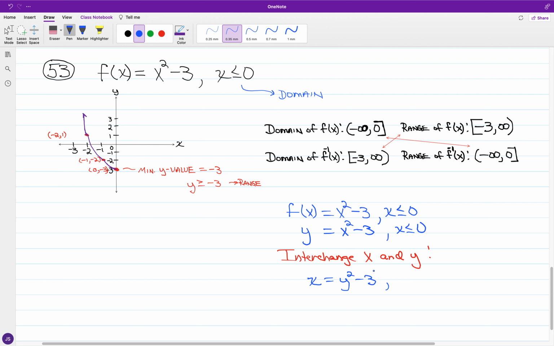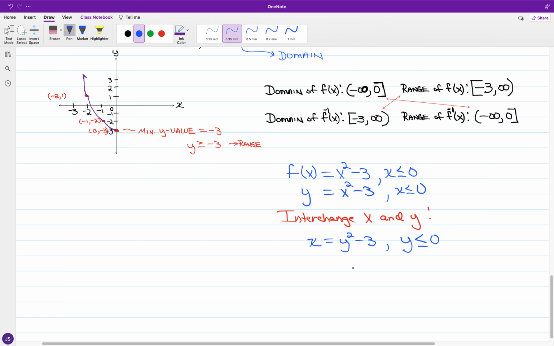And the limitation I had imposed for the one-to-one function, x less than or equal to 0, the counterpart to this in the inverse is that y is less than or equal to 0. After the interchange, I'll write it in terms of y equals. I can isolate y squared upon adding 3 to both sides.